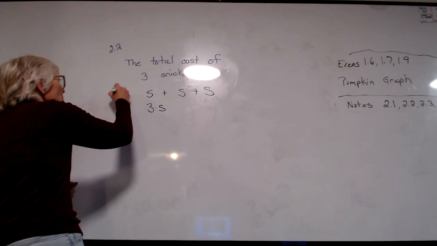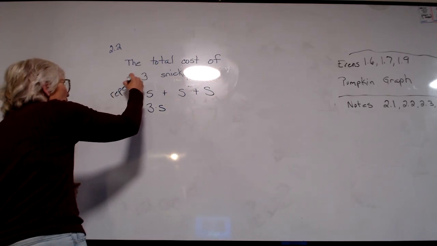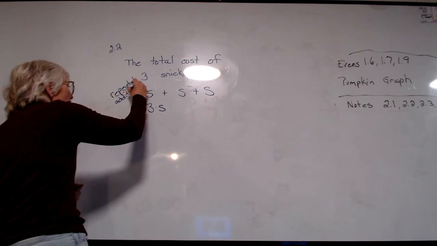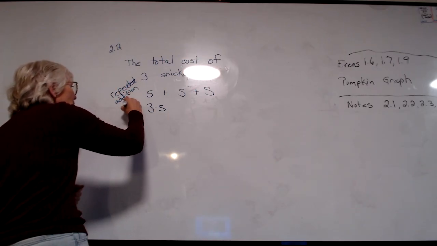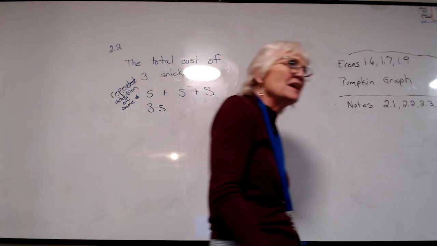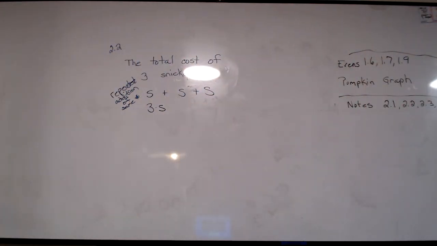So when we have repeated addition of the same number, that's really what the definition of multiplication is. It's the number of times you're going to add it. That's what multiplication really is.